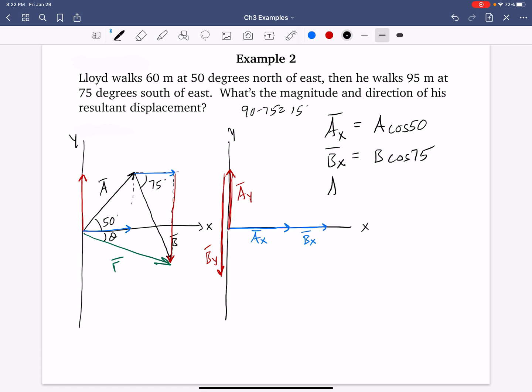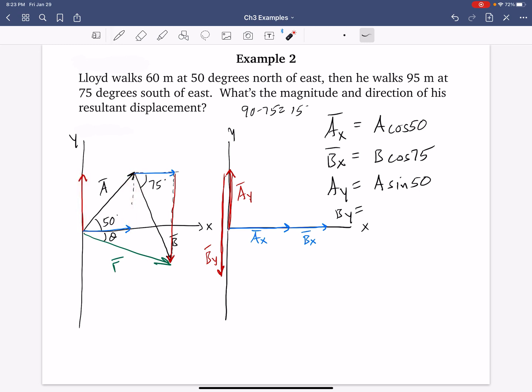For AY, that was magnitude of A times sine of 50. Again, that's sine because if 50 is our angle here, the opposite side is right there. That's the same vector just translated as what I have written right there.